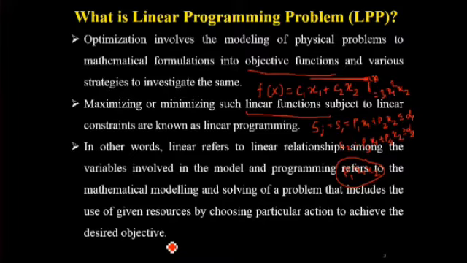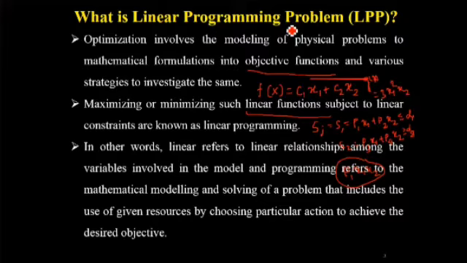I think now it is clear what is linear, and then why it is called programming. Linear programming problem: problem means, as I have told, in and around you, whatever the situation, circumstance or system, that is called a problem.